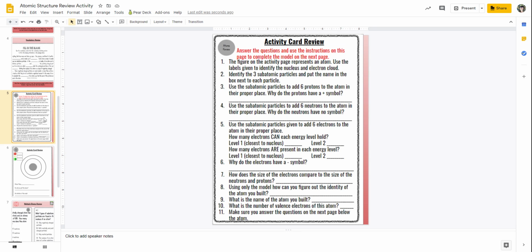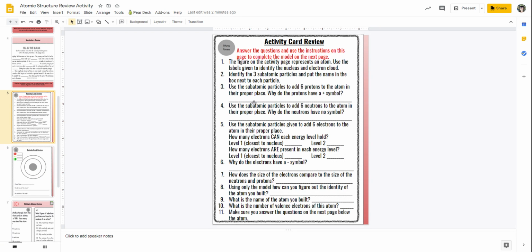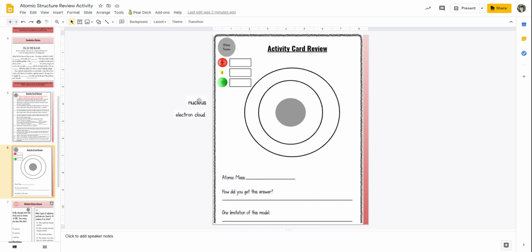So you're going to answer questions here and use the instructions to complete this model. Okay, the figure on the activity page represents an atom. Use the labels given to identify the nucleus and electron cloud. Use these labels to identify, you'll drag them onto those parts of the atom. Where is the nucleus? Where is the electron cloud?